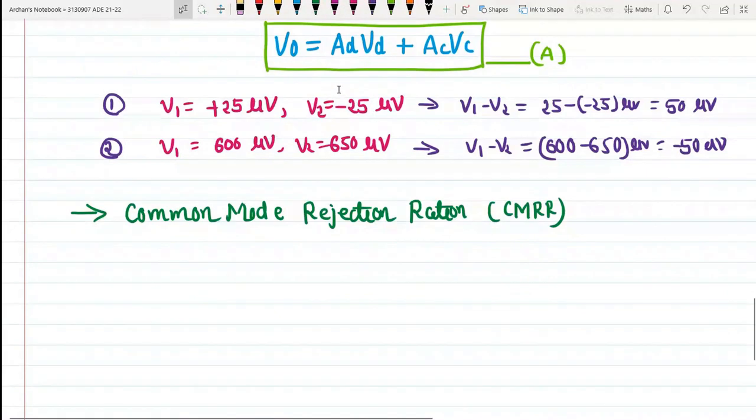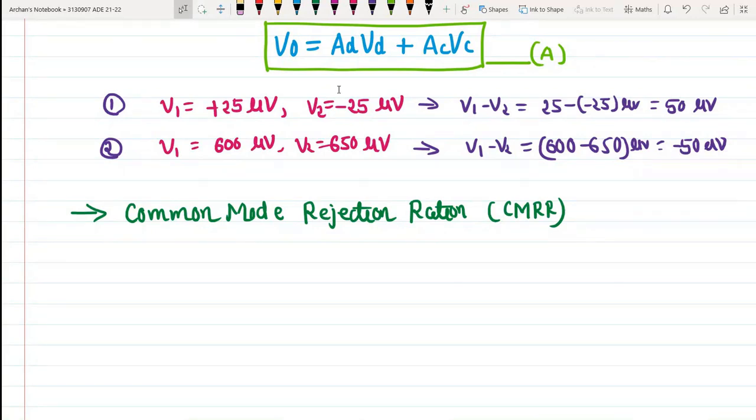So consider we have applied the same voltage to both the inputs. Now you can say our differential amplifier is said to be operated in common mode configuration. Okay. So many disturbance signals, noise signals appear as a common input signal to both the input terminals of the differential amplifier. And such a common signal must be rejected by the differential amplifier.